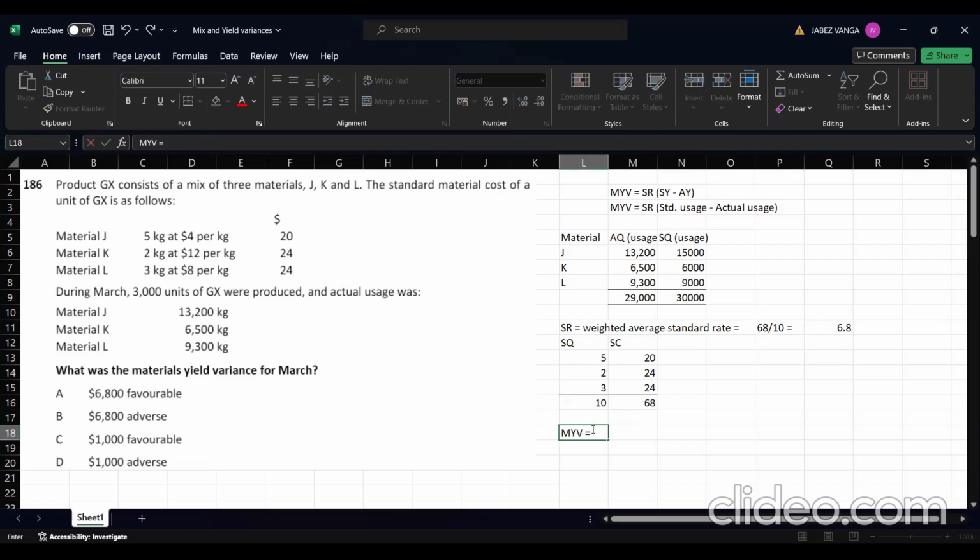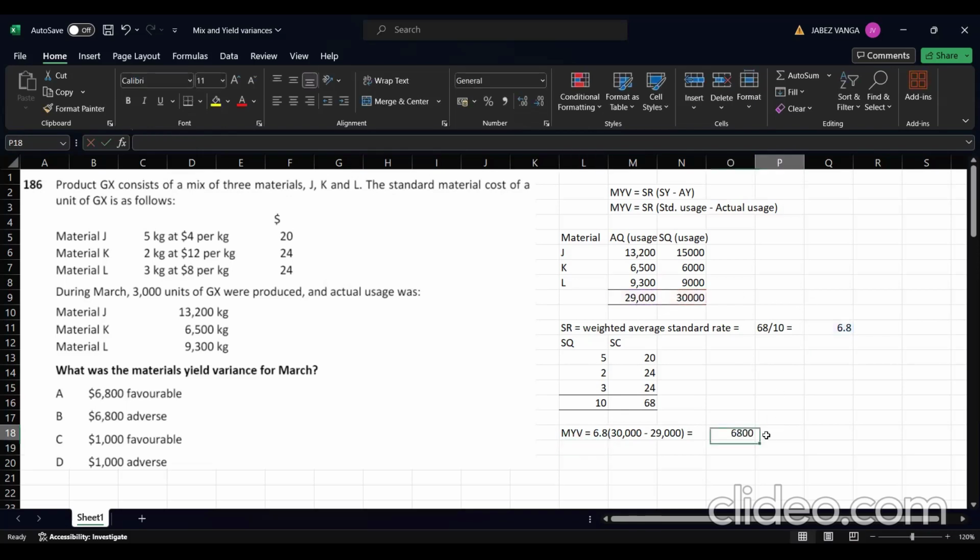Material yield variance is equal to 6.8, because the standard rate is 6.8, into bracket, the standard usage 30,000 minus the actual usage 29,000.